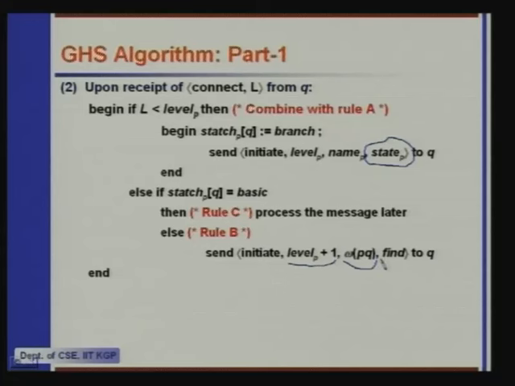And the status will become find, because now these two at the same level have merged, we need to again find the least cost outgoing edge. So, the status will be find. This is going to be sent to Q.